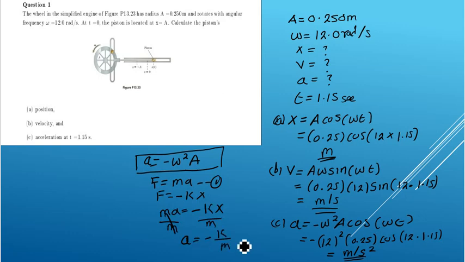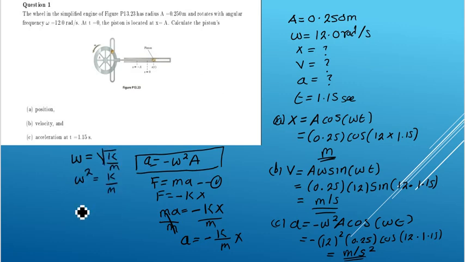Now remember that omega is equal to the root of k over m, meaning omega squared is equal to k over m.